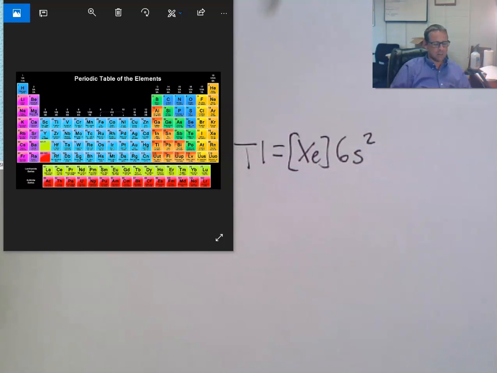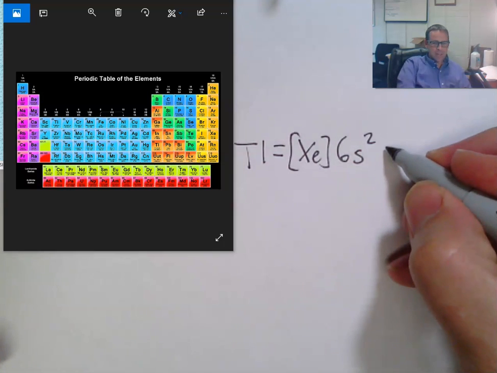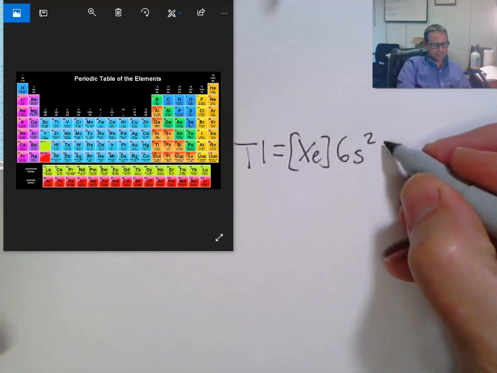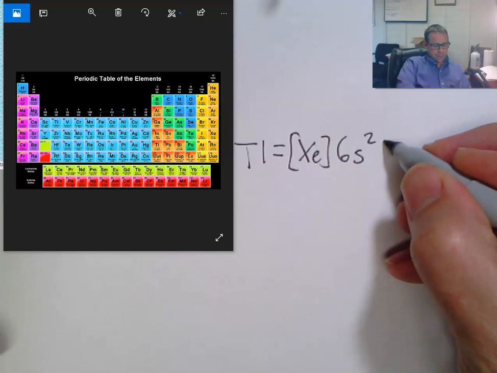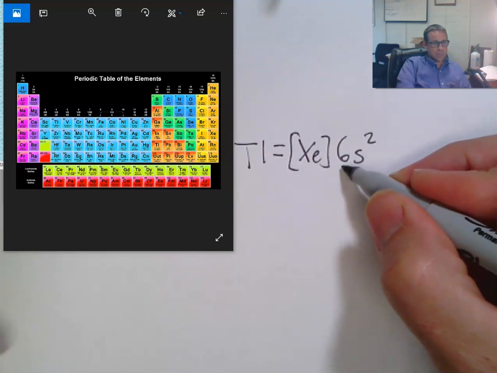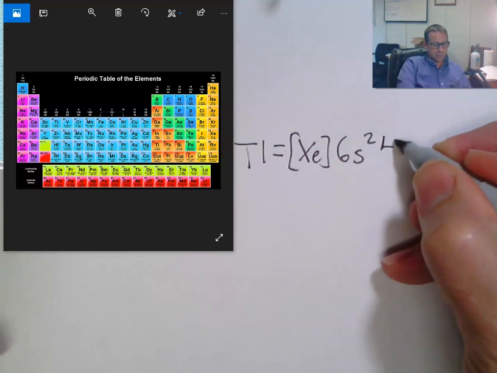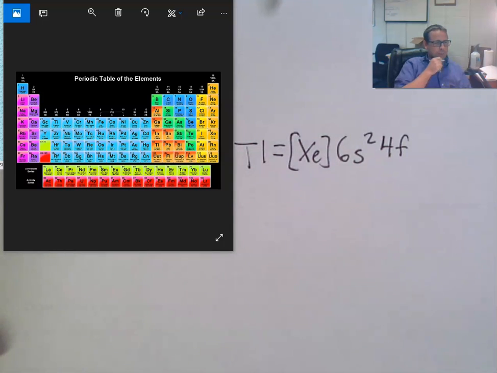That's right. What do you think is the N value for that F block? We're on the 6th row, so if it was the D block, it would be 5D. But for the inner transition metals, it's actually 4F.